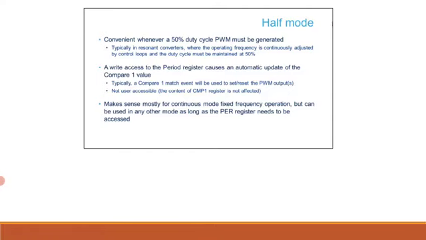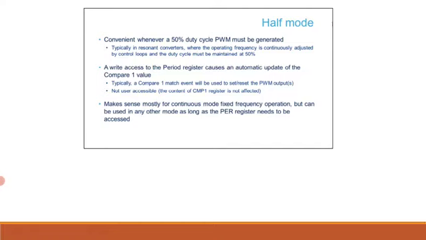The half mode operating principle is to have a write access to the period register trigger a computation and an update of the compare 1 register to half the value of the period. Let's consider a PWM signal set on the period event and reset on a compare 1 match.